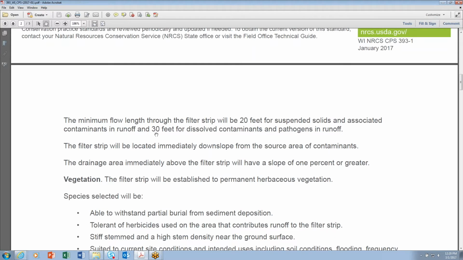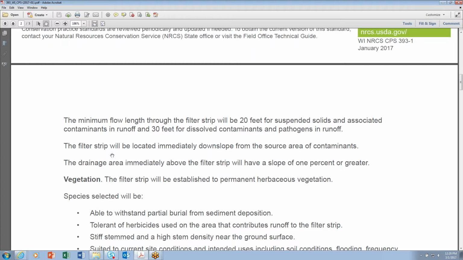So in other words, the minimum if manure is applied is 30 feet, and that's an absolute minimum. So we've got 20 feet or 30 foot as a minimum. That does not mean that that's the right distance to be using in all sites. So now we have to look at site-specific criteria to determine our width. But those are the minimums, and they do meet as long as those uplands are treated.